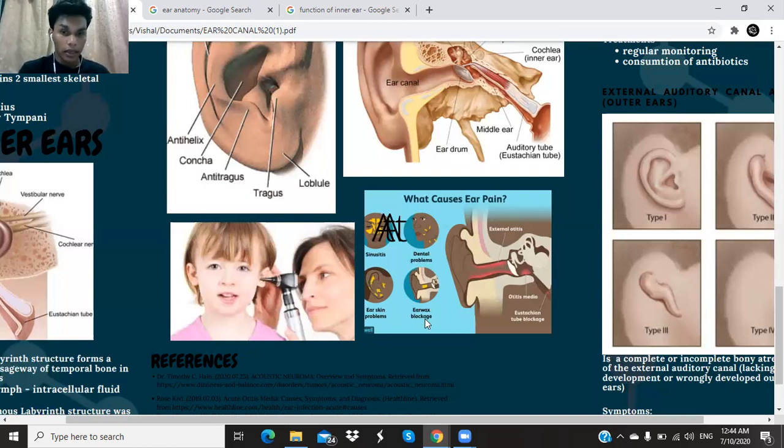And finally, earwax blockage. Earwax blockage mostly happens when objects that are not supposed to be in our ears get stuck inside, and the earwax forms a wall and blocks them. That is why earwax blockage happens.